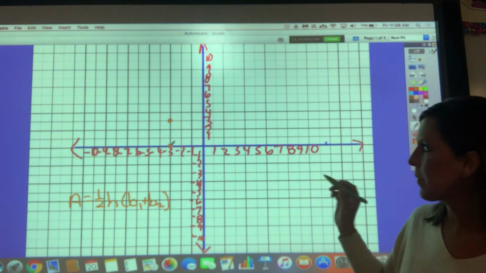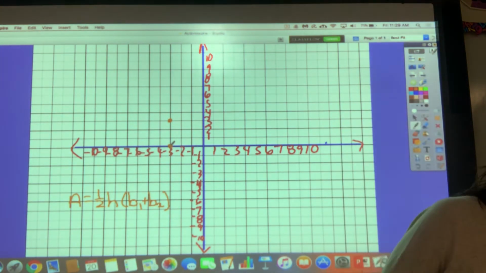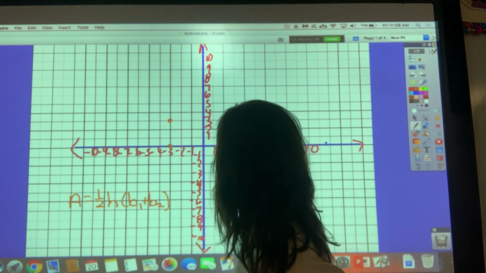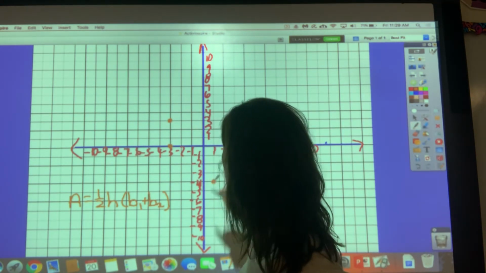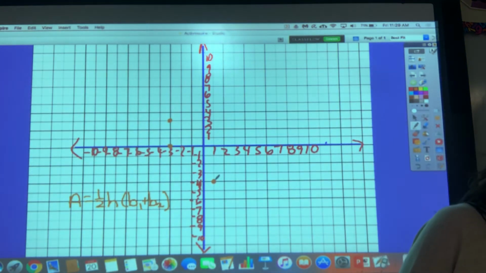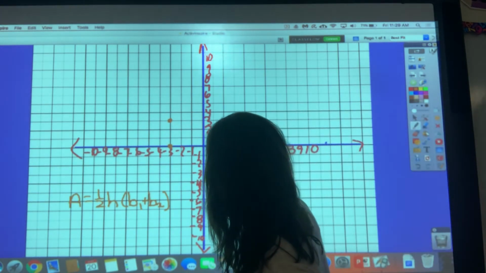So -3, 3, and then -3, 0. Our next point is at 1, -4. So that's over 1, down to -4. And then our last point is at 1, 4. So over 1, up 4.